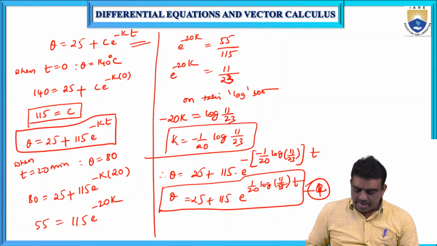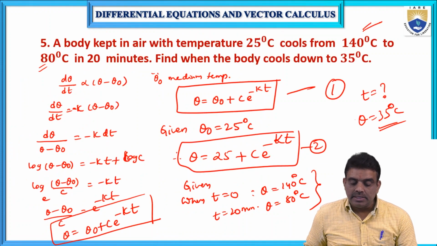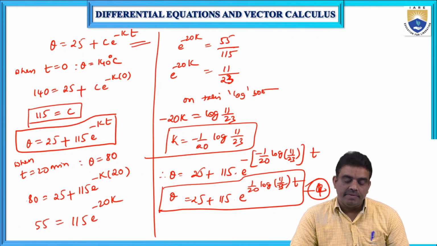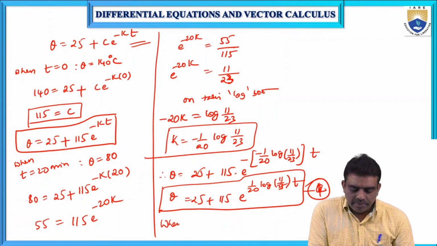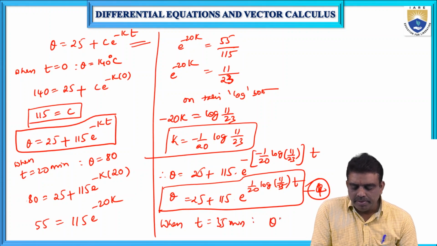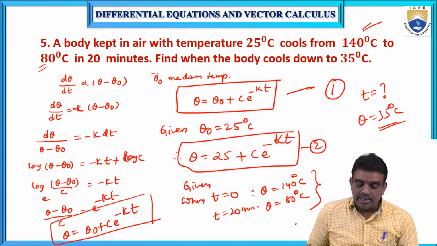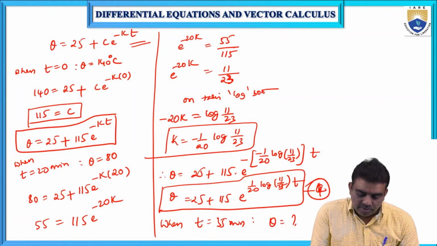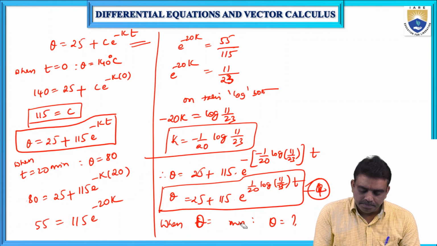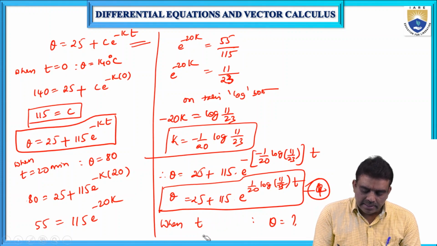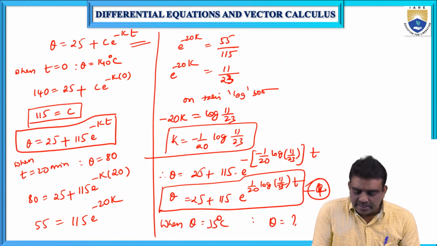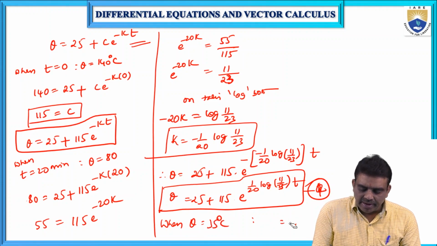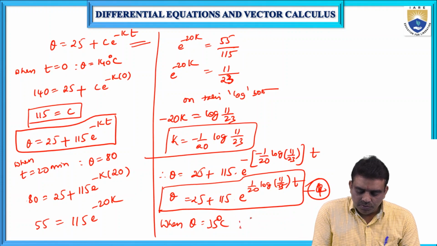Now what you have to calculate is, when theta is equal to 35 degrees, what will be the value of t? Finally, our aim is when theta is equal to 35 degrees Celsius, what is the t value?